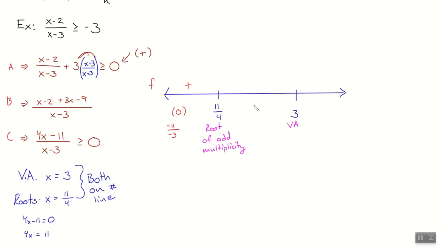Gross, but I'm just going to check. Let's do 2.9, right? That's pretty close. If I do 2.9 and I plug it in, let's do it here. 2.9 minus 2 is 0.9. Okay, 2.9.